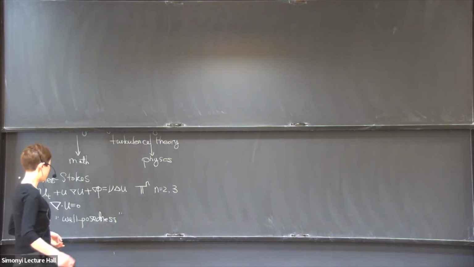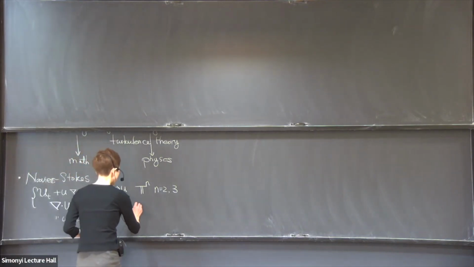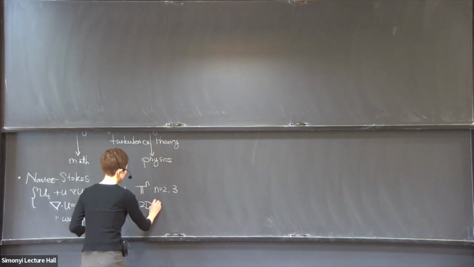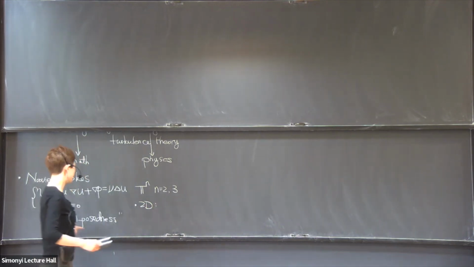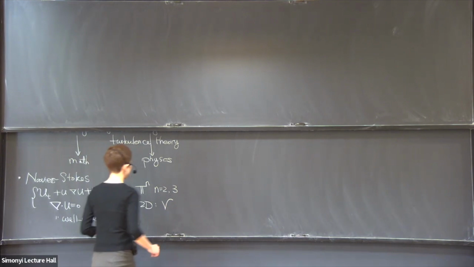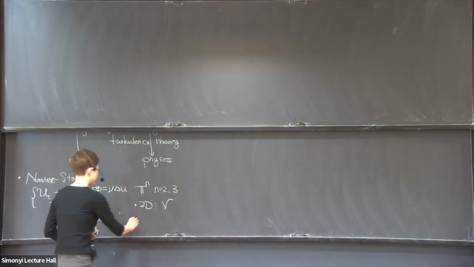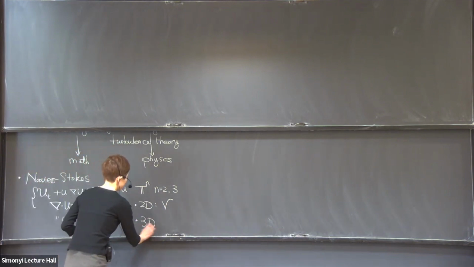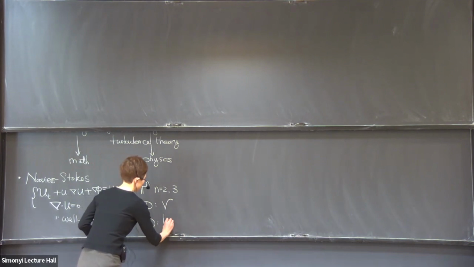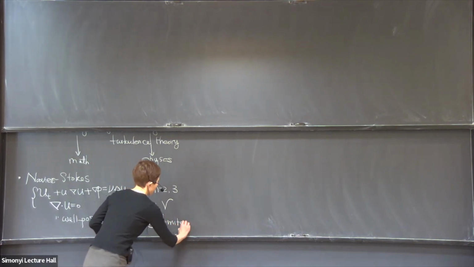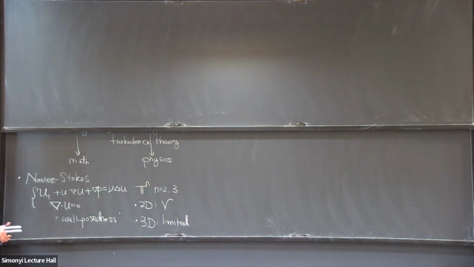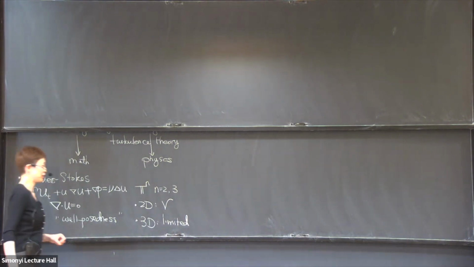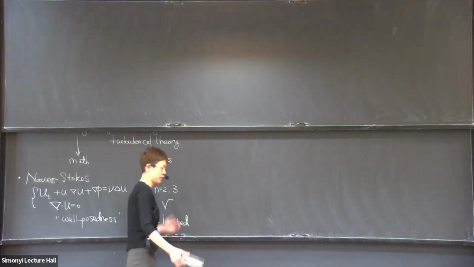Okay. In general, in 2 dimensions, this problem is very well understood. And in 3D, the understanding is very limited, although many generations of mathematicians have been working on the 3D Navier-Stokes equation.